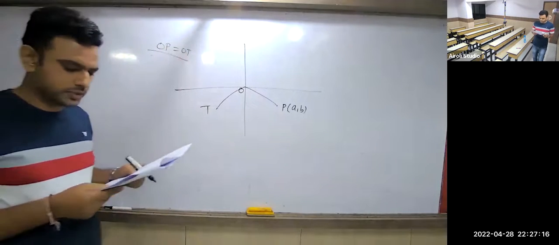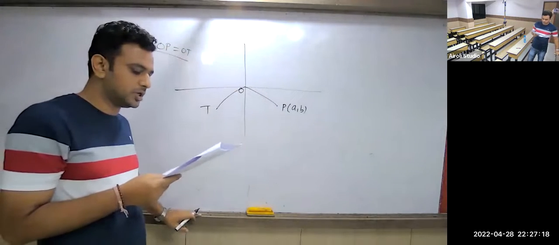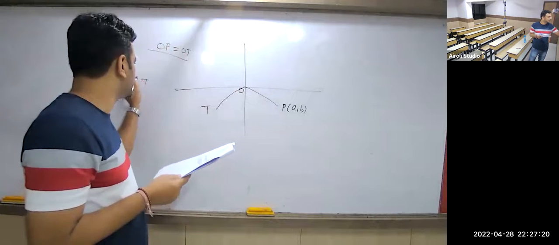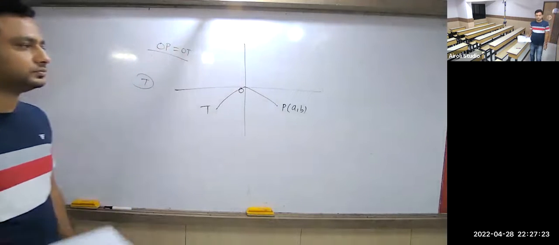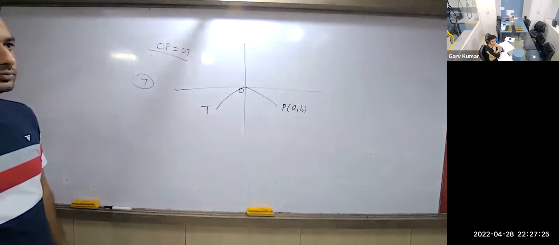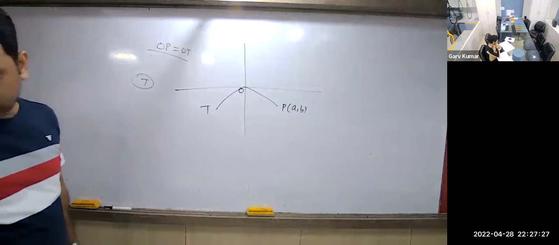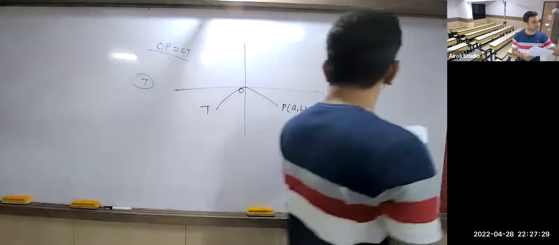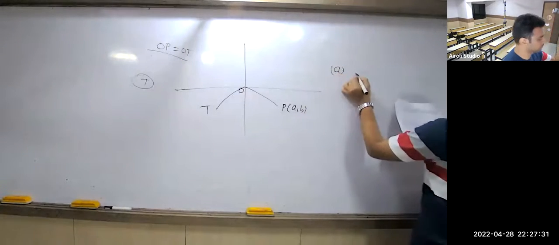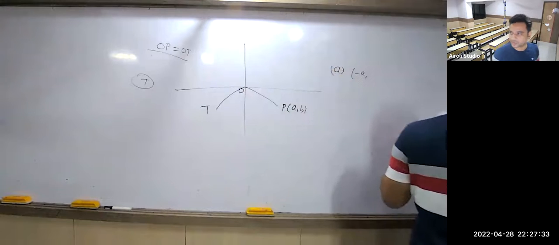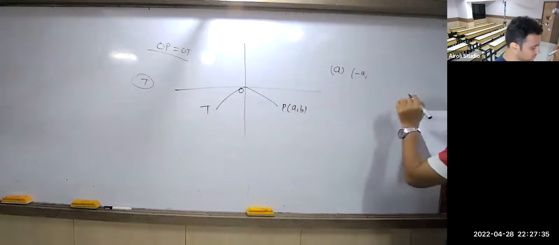So which of the following could be the coordinates of point T? We have to find the coordinates of T. Sir, option C. Okay, you are saying option C. I'm writing the options also. Actually, my PPT is not opening, so that's why I'm using this now.